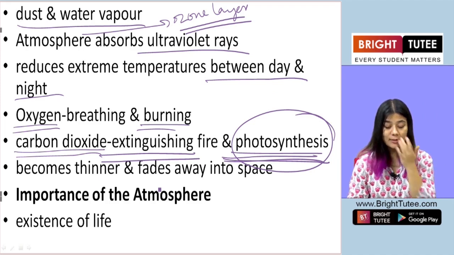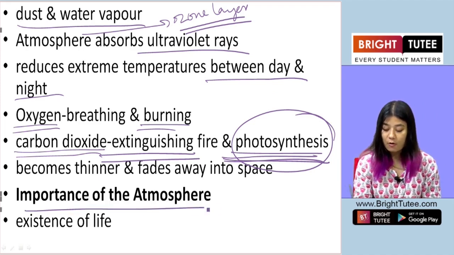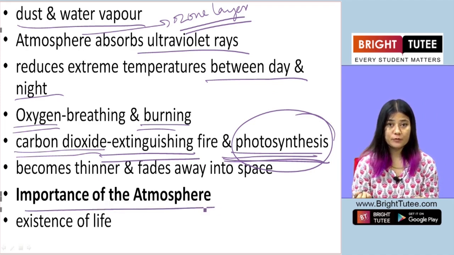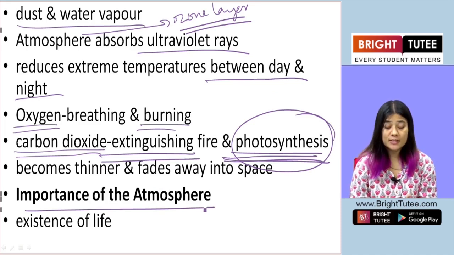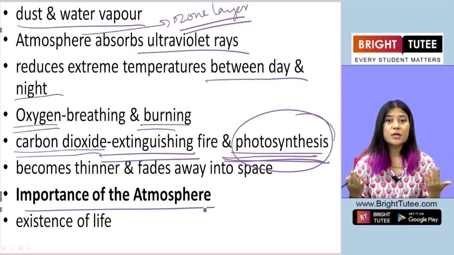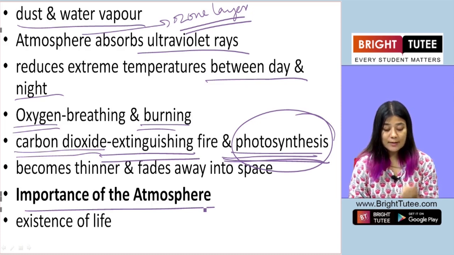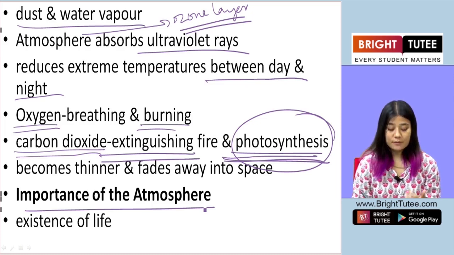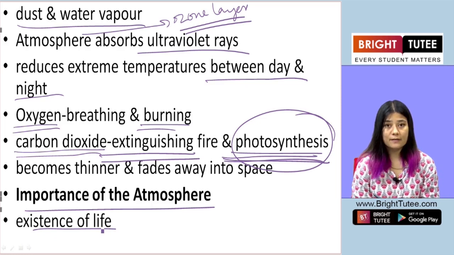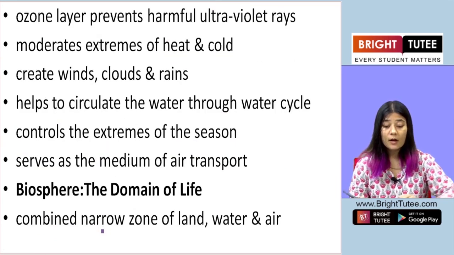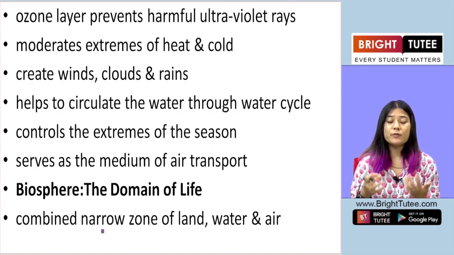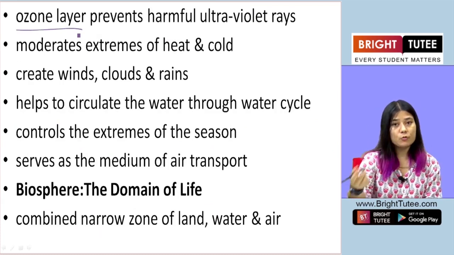Now let us look at the importance or the significance of the atmosphere. How is it important to us, or how is it important to planet Earth? Now, the atmosphere is one of the reasons for the existence of life. It supports life on Earth. The atmosphere also has the ozone layer, which I told you about.